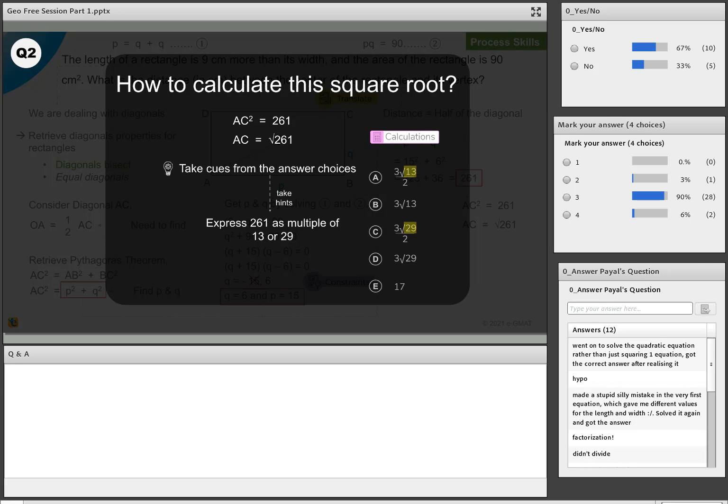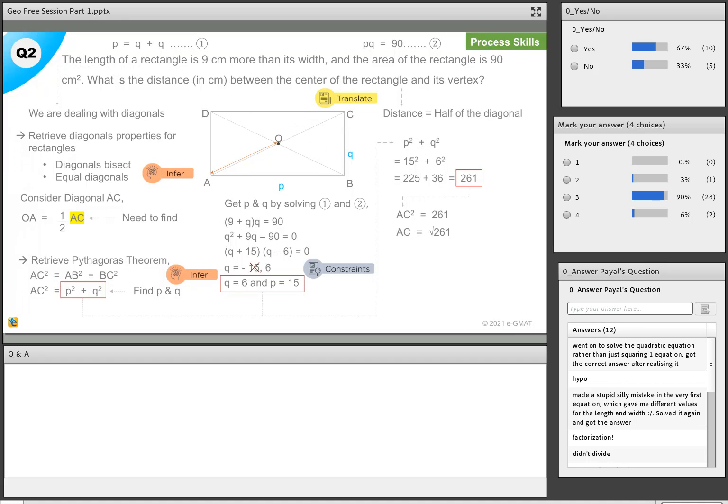So that's where you have to utilize the information appropriately, the right information at the right time. So now you express 261 as a multiple of 13 or 29, you get that hint, and then you solve the question. You get to choice C as the correct answer. All right, so this was the detailed solution of this question.